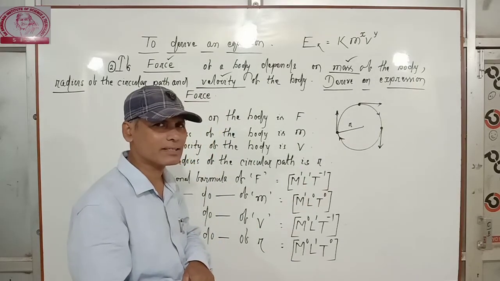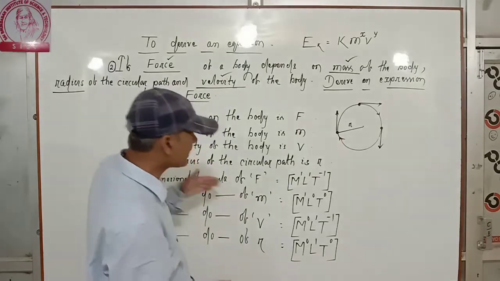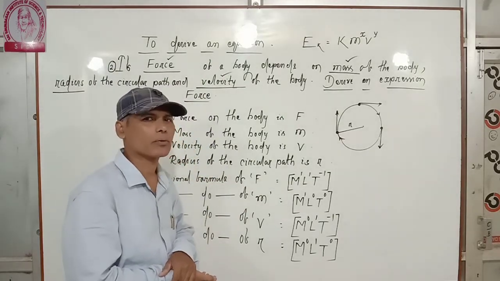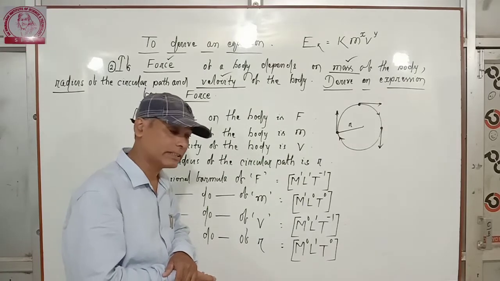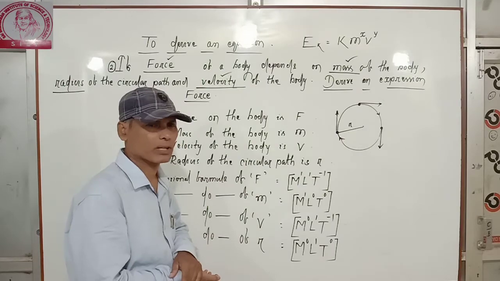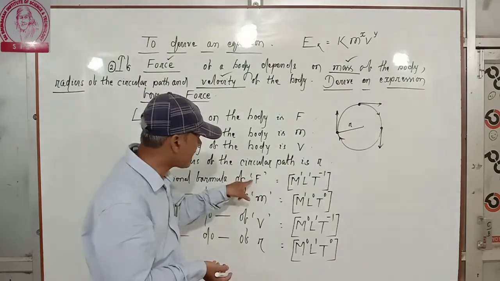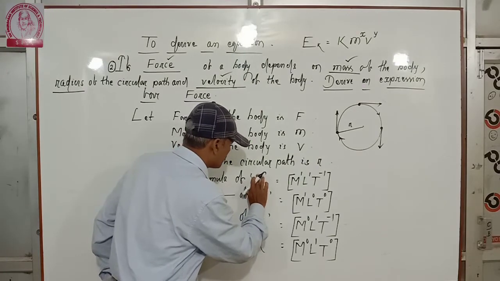Why did I write this? Knowingly I have written this, because whenever you are writing the dimensional formula, you have to check it again. Chances of mistake are there. So you see what I have written here? Force.